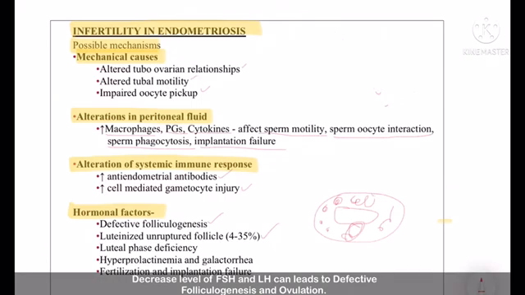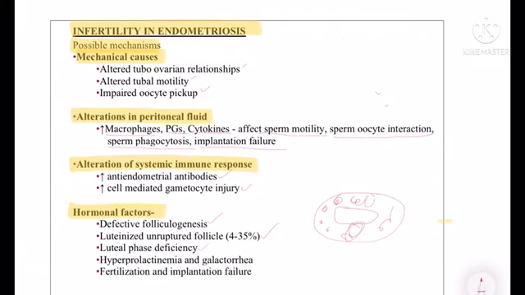Again the same, there will be disturbance in the ovary that not only disturbs the folliculogenesis, it also disturbs the ovulation process.